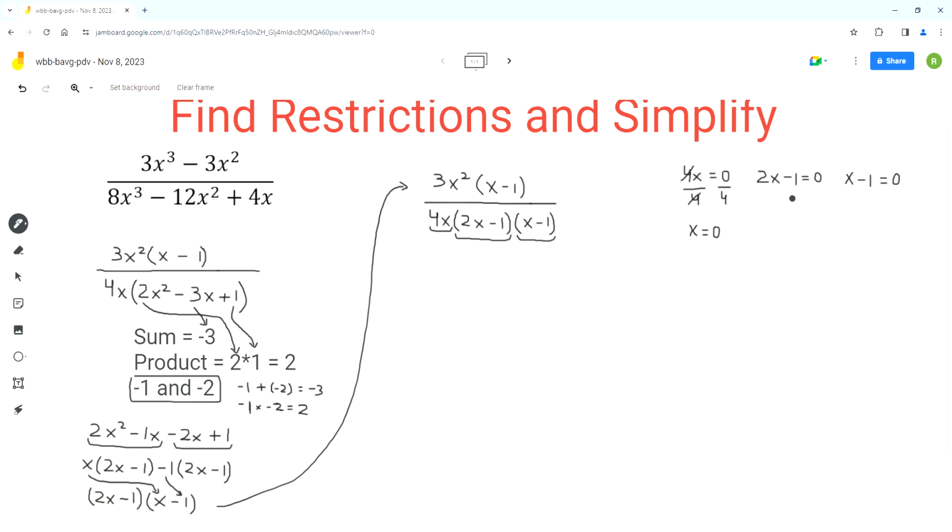Now for the second one, we have to isolate x on the left side, so we start by adding 1 on both sides. So the 1's on the left side cancel each other out, so we get 2x equals 0 plus 1, which is equal to 1. And now we divide both sides by 2, so the 2's on the left side cancel each other out, so we get x equals 1 over 2.